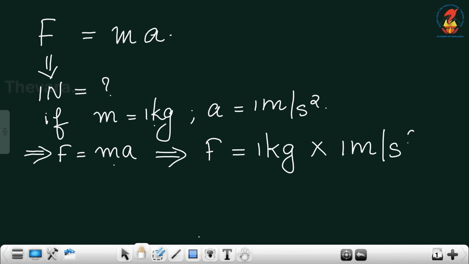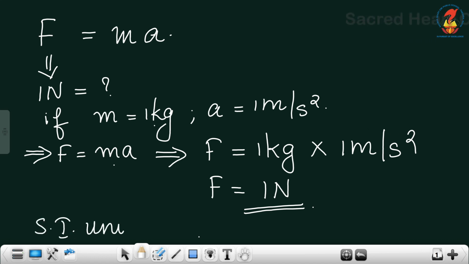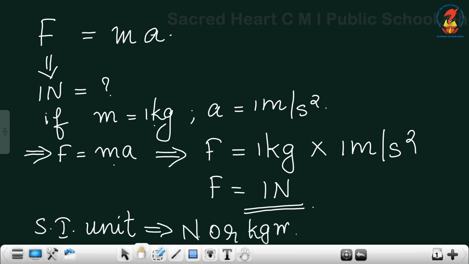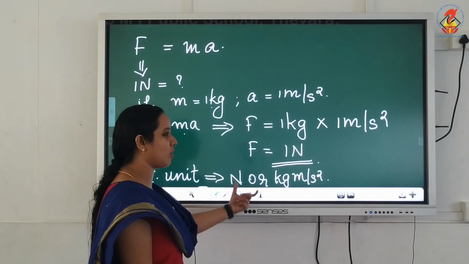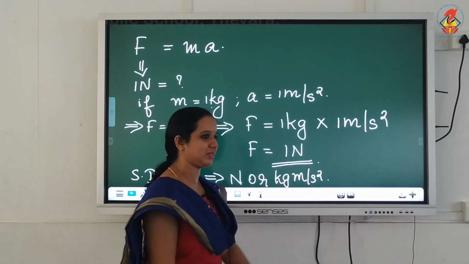So F is equal to 1 into 1, it is 1 kilogram meter per second square or 1 Newton. So SI unit of force is either Newton or you can go for kilogram meter per second square too. So we are defining what is 1 Newton or what is 1 kilogram meter per second square.